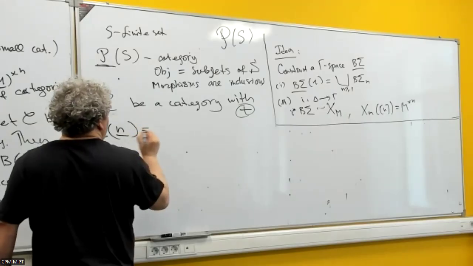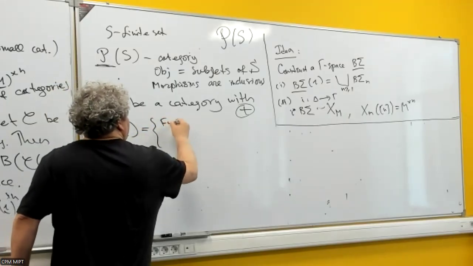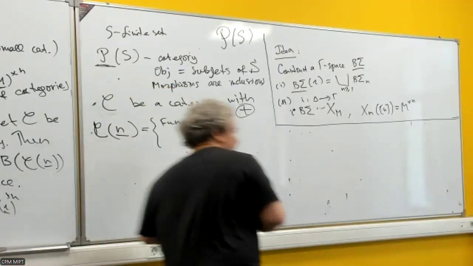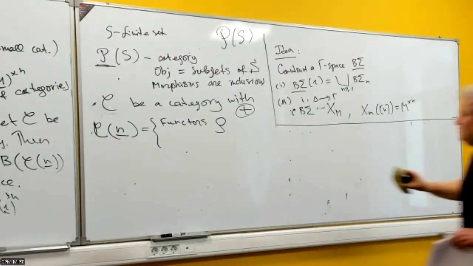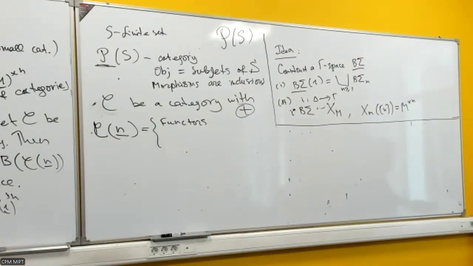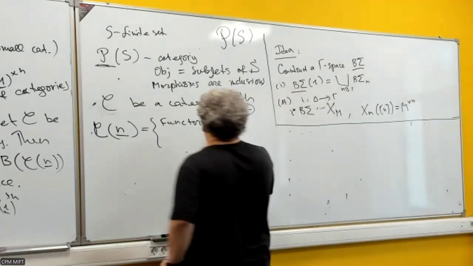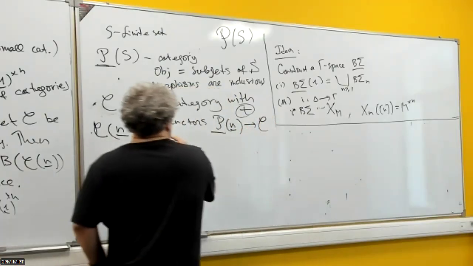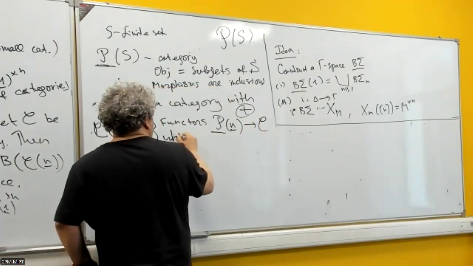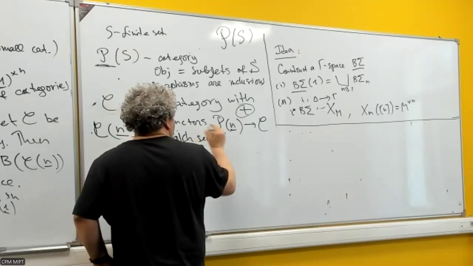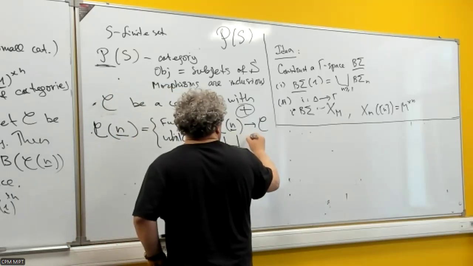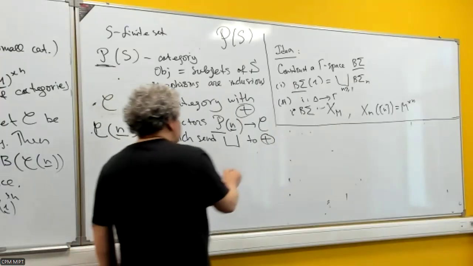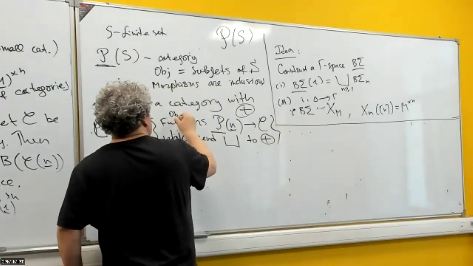It's the category of functors P underline of n to C, whose objects send disjoint unions to direct sums of objects.